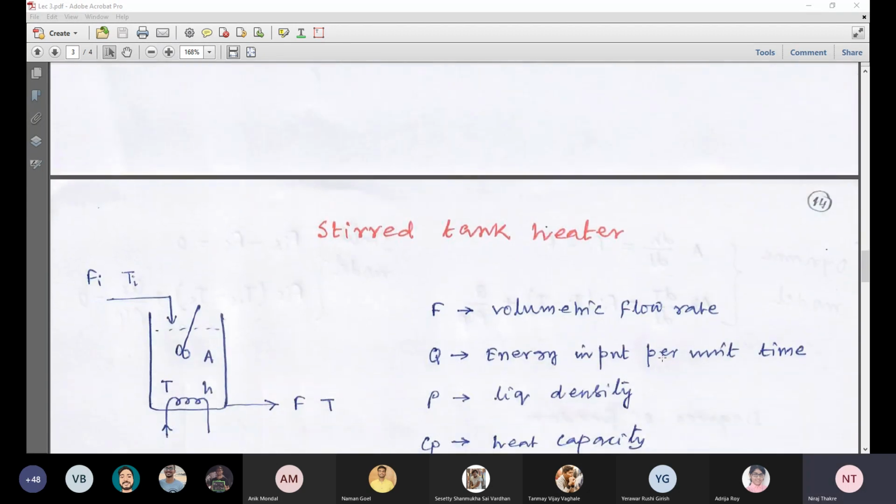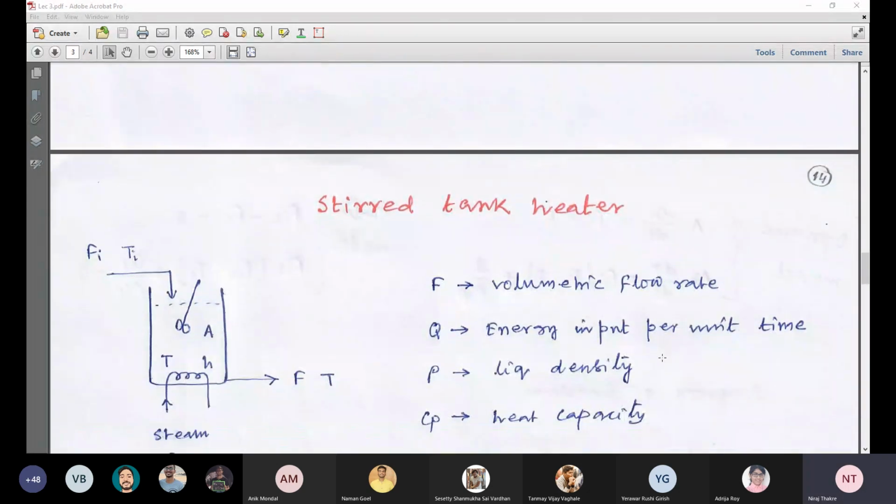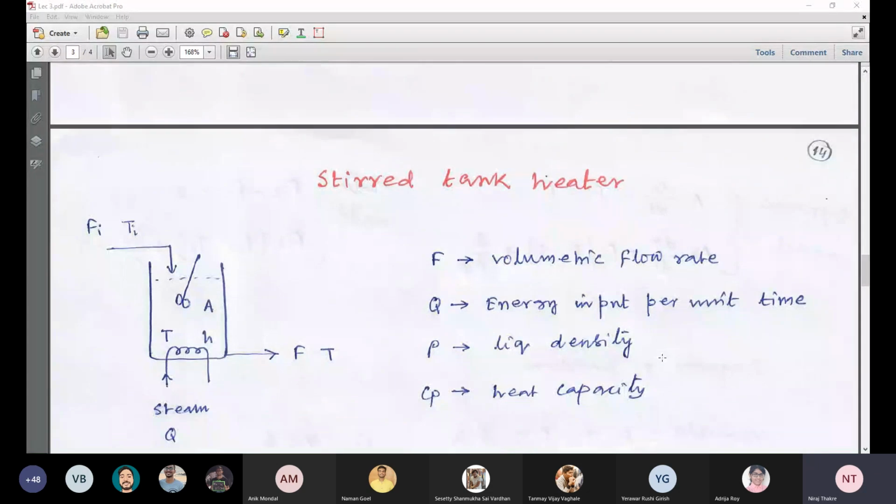Now let us come to another example, which is a little more complicated system. This is the stirred tank heater system. You draw the schematic of this open loop system.